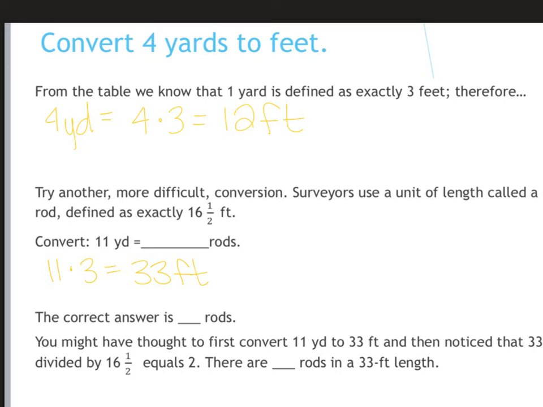And then since we need to get to rods, we could divide by 16.5. So this is going to be 33 over 16.5, and you can put that in your calculator. You should get 2. So there are 2 rods in 11 yards.